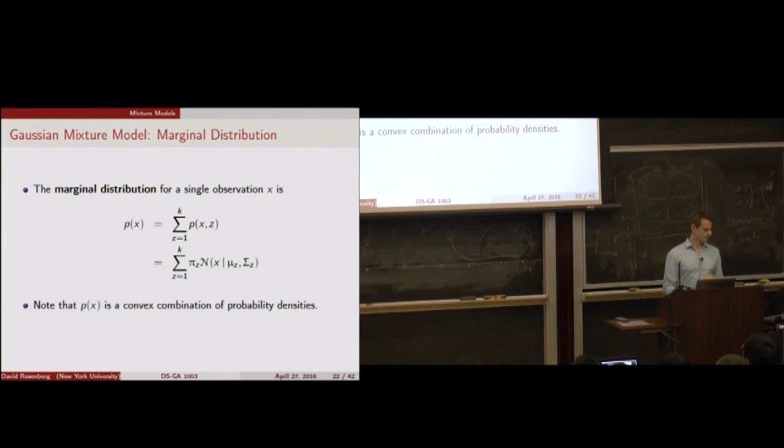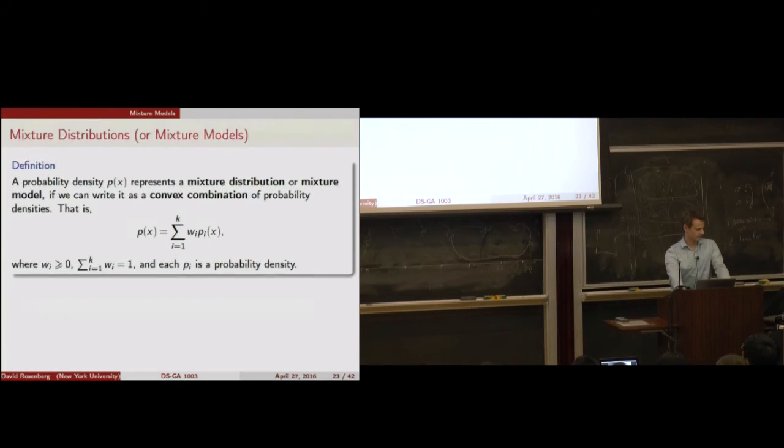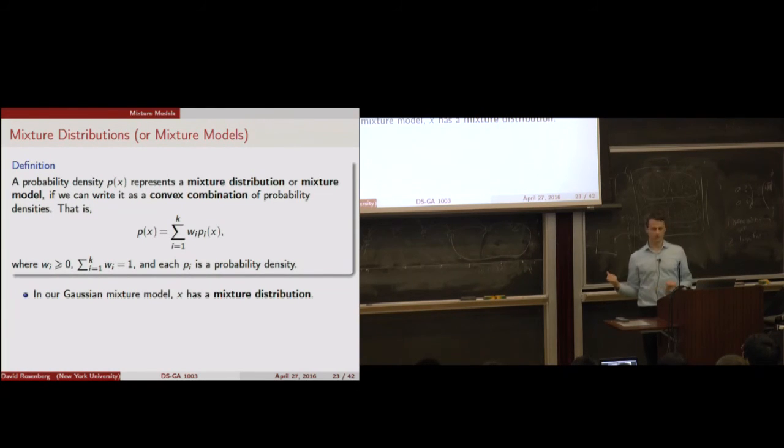That's the formal definition. Okay. So in the Gaussian mixture model, every data point x has a mixture distribution. It's a mixture of the three, in our case, the three Gaussians that it might have been drawn from.